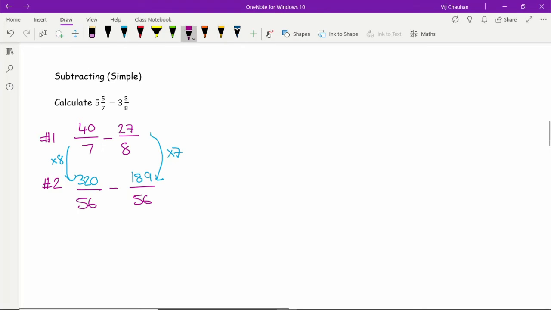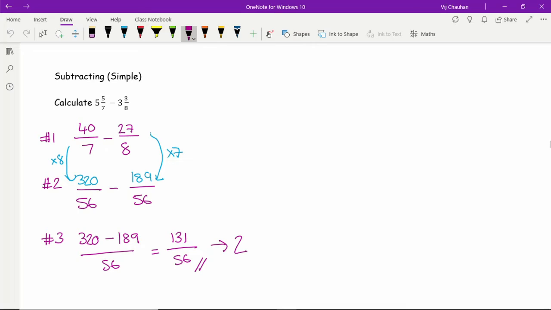And then the next thing I need to do is simply subtract the two numerators together. So again, I'm subtracting because it's a takeaway question. So I do 320 minus 189, which equals 131 over 56, which is absolutely fine, but as that's an improper fraction, I can convert that into a mixed number, which gives me an answer of 2 and 19 56ths.